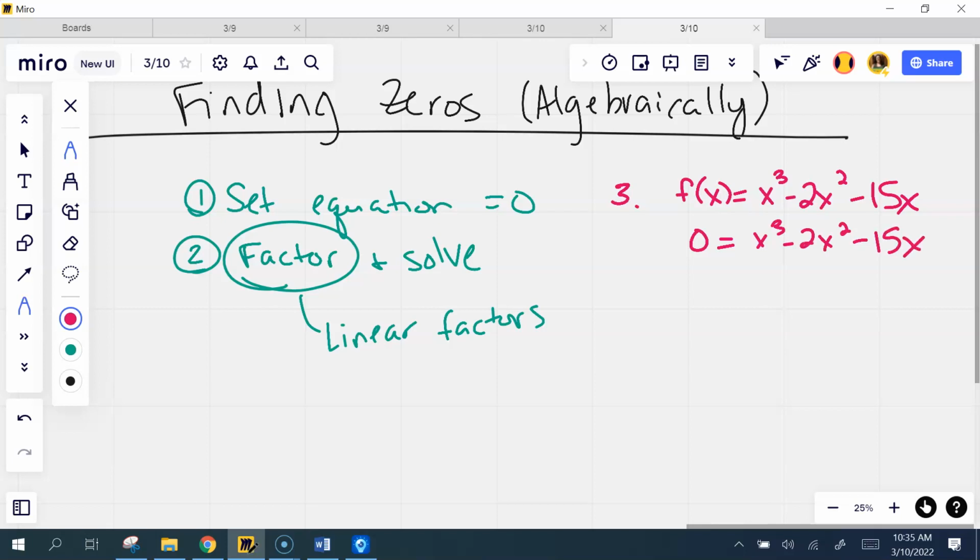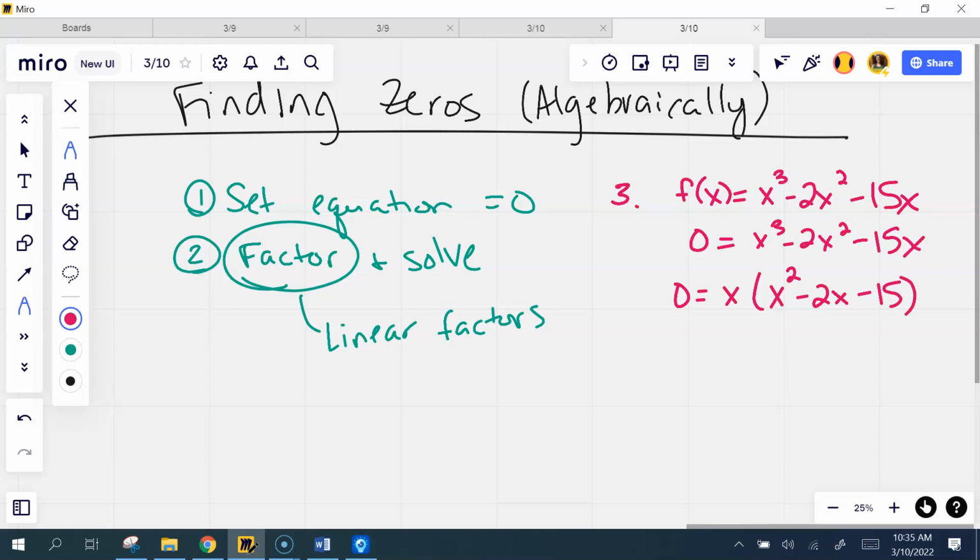As I factor this, remember, what's the first step in factoring? Greatest common factor. That's exactly right. Does this have a GCF? X. You're exactly right. So if I take x away from everything, what's left? That's exactly right.